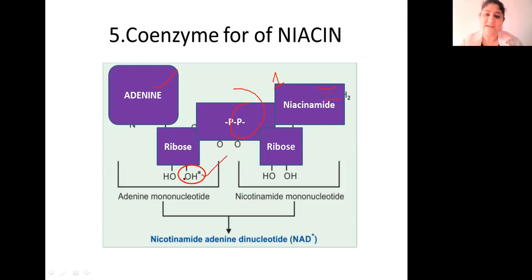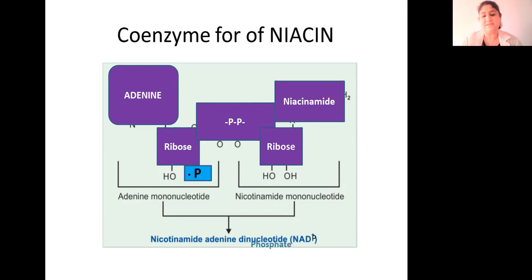If it is esterified with a phosphate group over here, then the whole structure will become nicotinamide adenine dinucleotide phosphate. Let me just show it for you. Simple. So you take out that OH group, and if it is esterified with the phosphate group, this will become nicotinamide adenine dinucleotide phosphate, or NADP+.